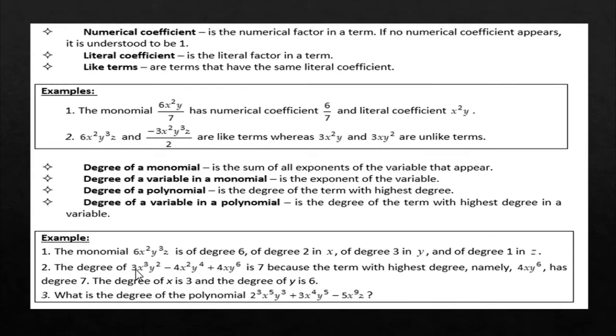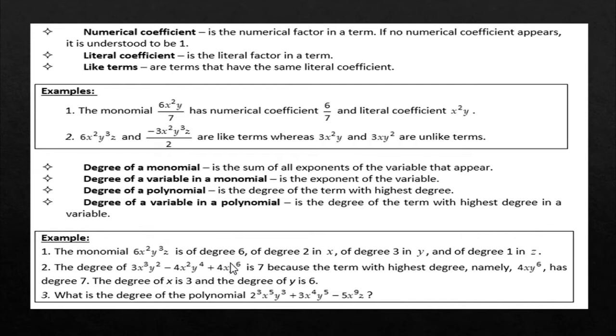Next, the degree of 3x cubed y squared minus 4x squared y to the power of 4 plus 4x y to the power of 6 is 7 because the term with highest degree, namely 4x y to the power of 6, has degree 7. So, ang degree sa ato ang trinomial, sa tulo man ni ka terms, no? So, ang pinakataas nga degree nga term is this one.